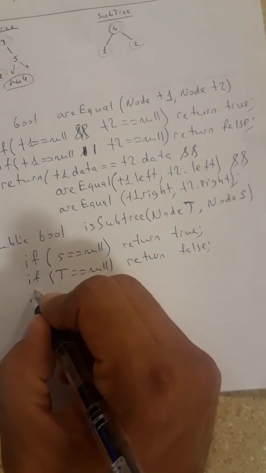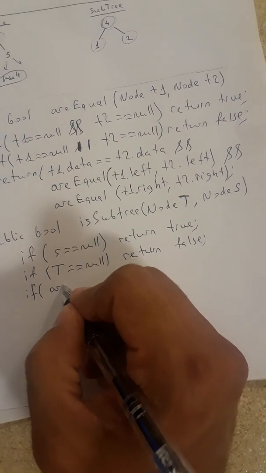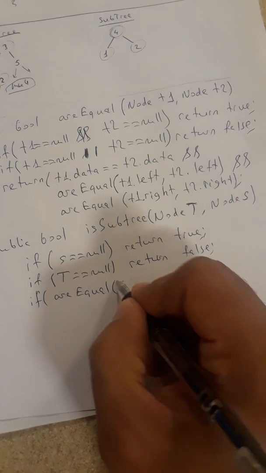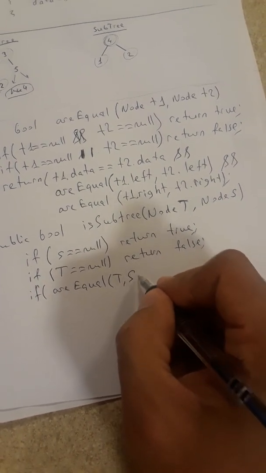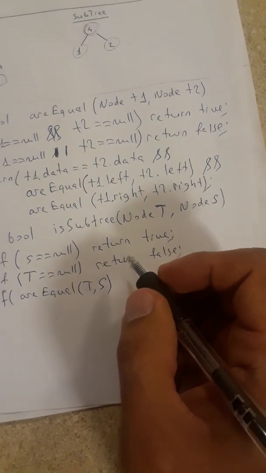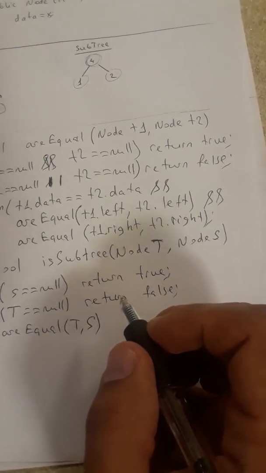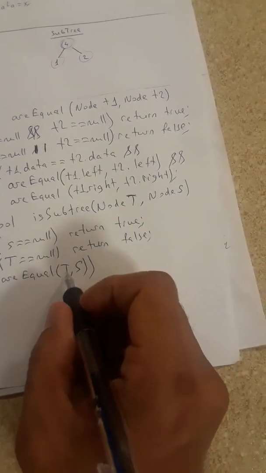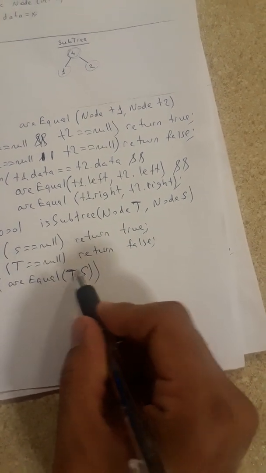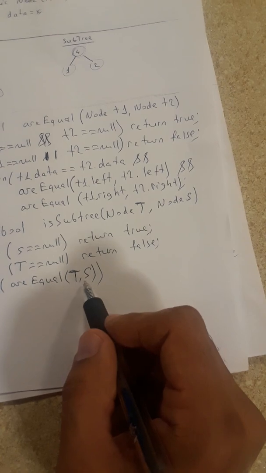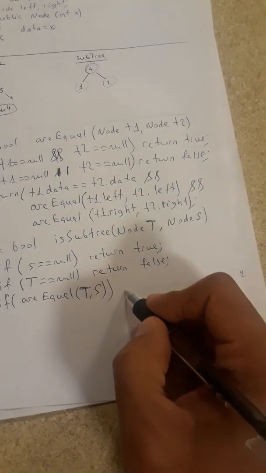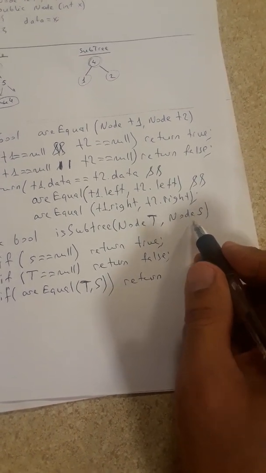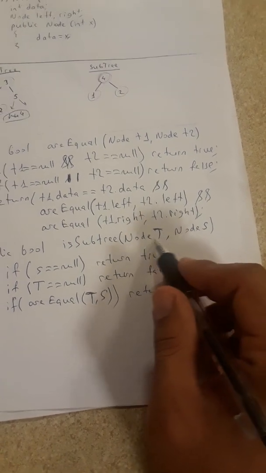After that, I will call the rEqual function, where I will pass just these T and S trees, and if they are equal, meaning that the node that we are passing here returns equal from this function, it will mean that our S, which is smaller, is a subtree of our main tree.